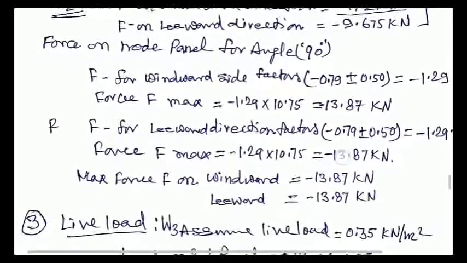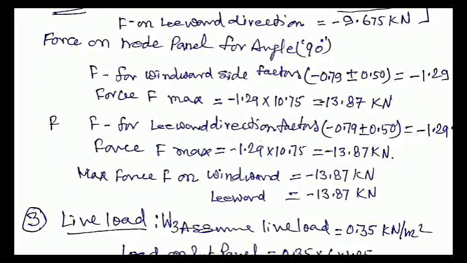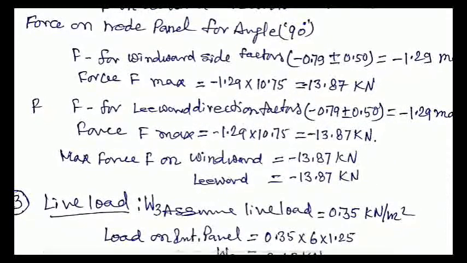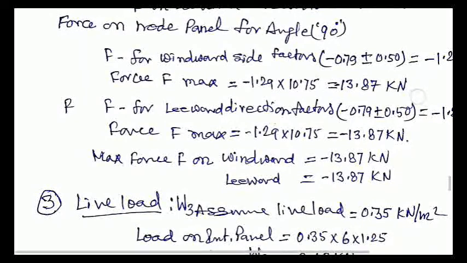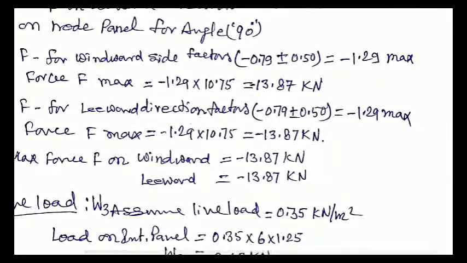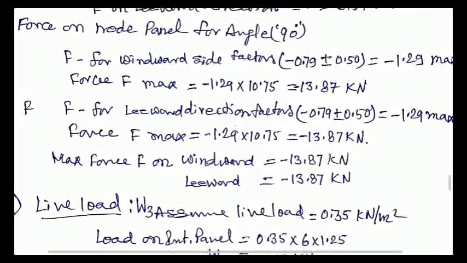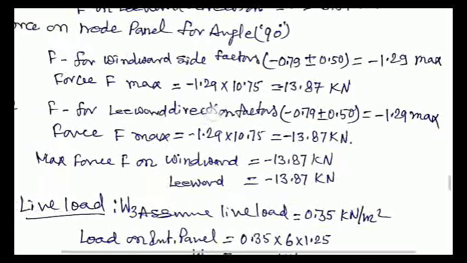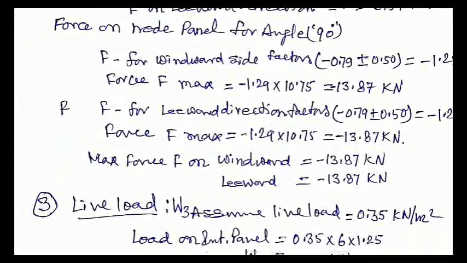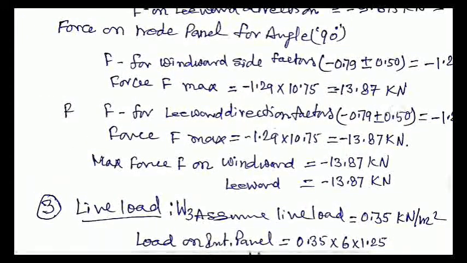Now the force on a node panel for angle 90 degree. If the angle of inclination is 90 degrees, then F for the windward side: the factors will be minus 0.79 plus minus 0.5. So the maximum comes out to be minus 1.29, which is the maximum on addition of both. So the maximum force will be minus 1.29 into 10.75, which comes out to be minus 13.87 kilonewton.